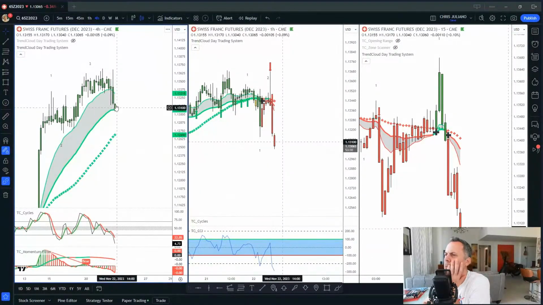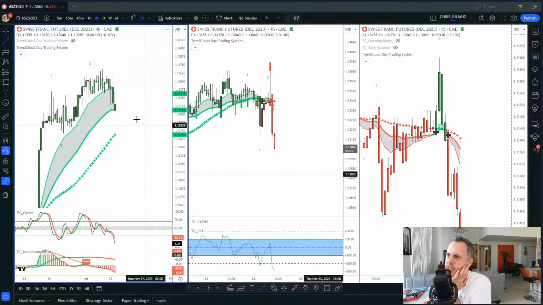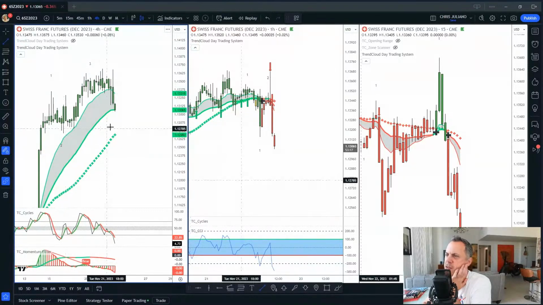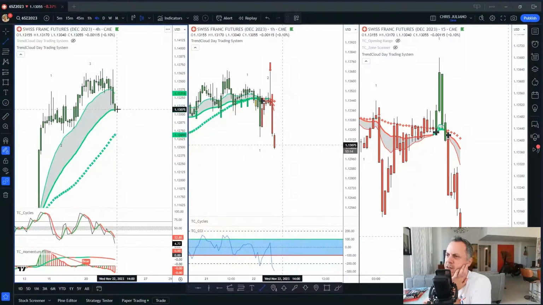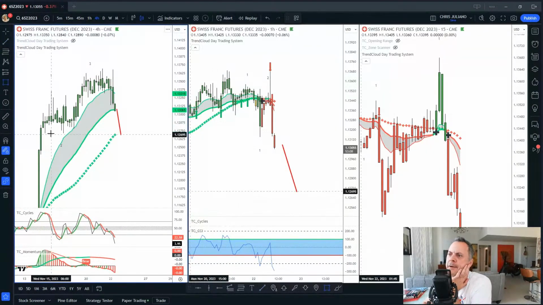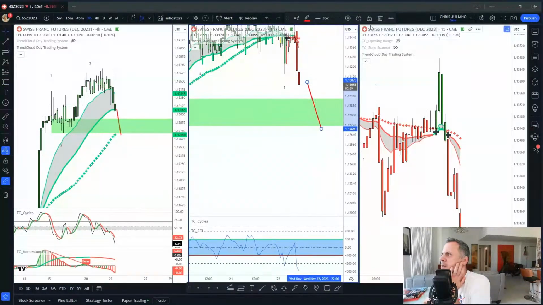So you got to figure, okay, how far down is this thing going to go? Because technically this is a corrective move on an uptrend. You got to start looking for consolidation down here. We've got the 50, and we've got all of this. So we got a little ways to go here, right?